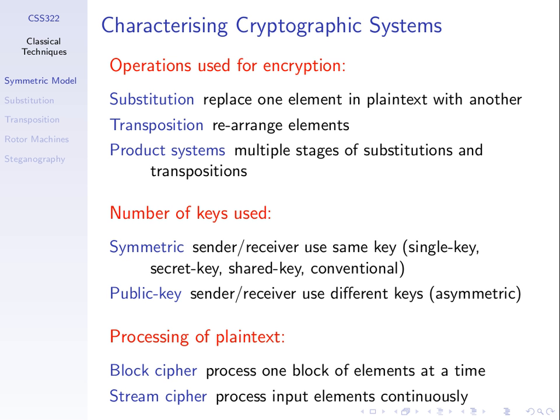Substitution is when we take some element of the plaintext and replace it with another. So we substitute one with another. Transposition is when we rearrange elements in the plaintext.